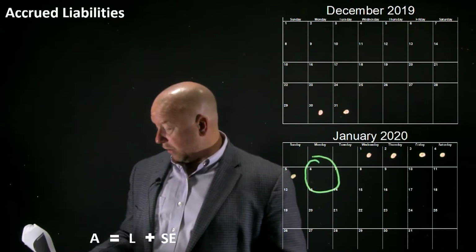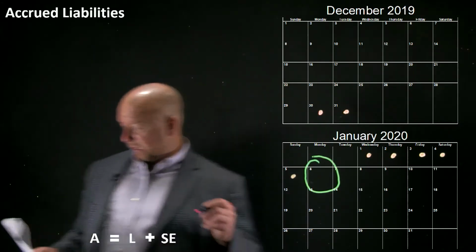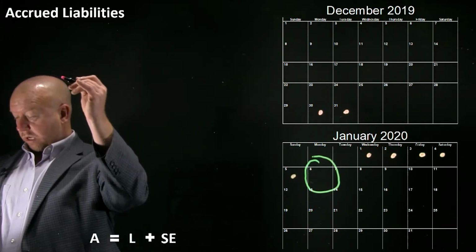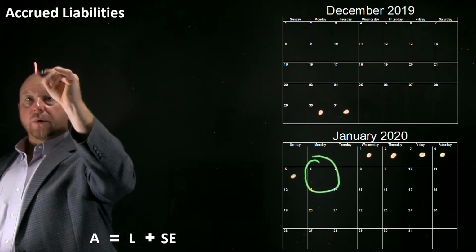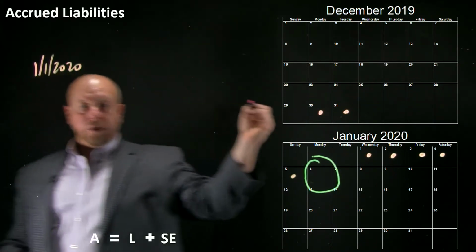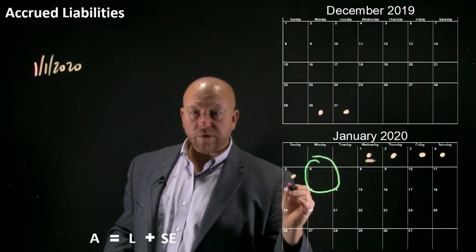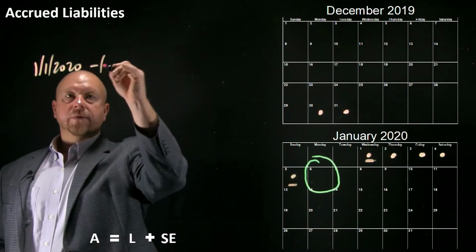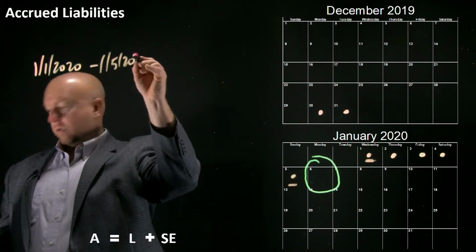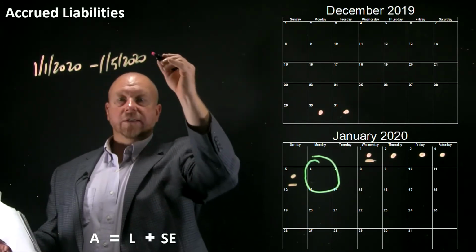Now, the total payroll, let's just assume that for the period January 1, yeah, we're a restaurant, everybody's open. So from January 1, 2020, this date right here, all the way through January 5, the payroll is $25,000.